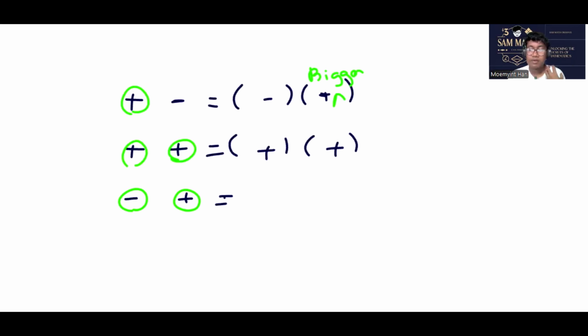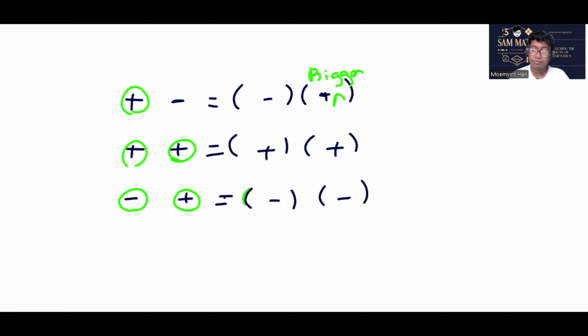But if we use a bigger negative and a smaller positive, the multiplying result will come out negative. So the only way that makes sense is using two negative terms. Multiplying two negatives will become positive, and adding two negatives will become negative.